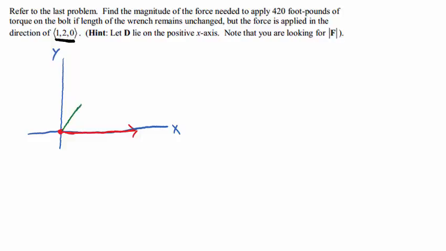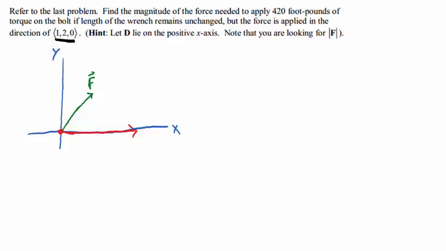But this could be a lot longer, because the force is in the direction of 1, 2, 0 doesn't mean it has the same length as 1, 2, 0. So the actual length of F, which is a force in pounds, can be a lot longer and is a scalar multiple of the vector 1, 2, 0, but it's not necessarily equal to 1, 2, 0.